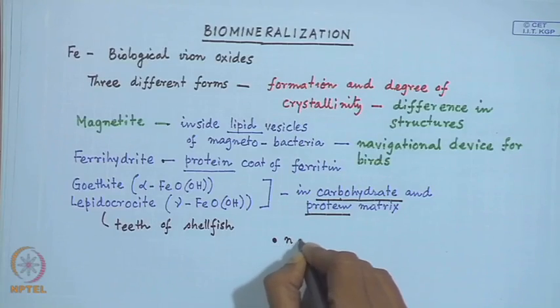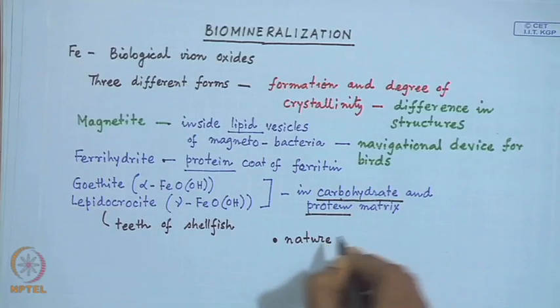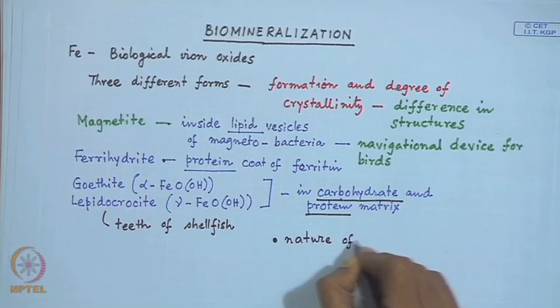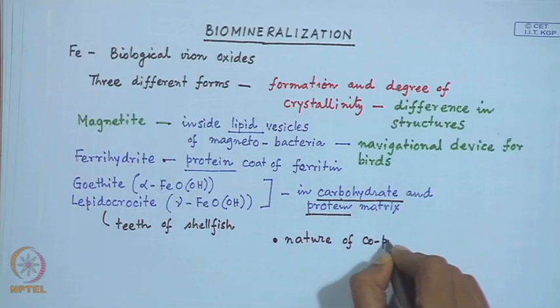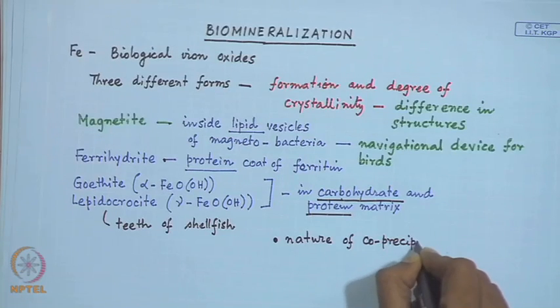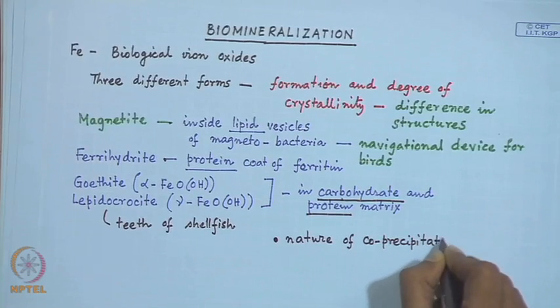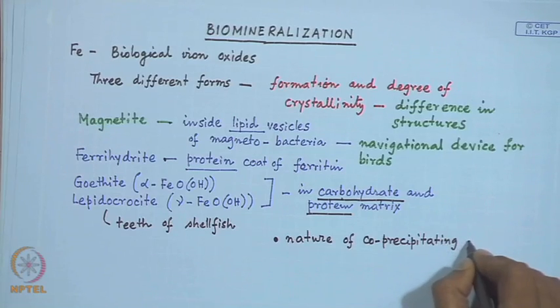If they are purely oxo and hydroxo, with no phosphate or other anion, but the concentration or gradient of these anions can control the structure and morphology of these species. So, the nature of the co-precipitating ions is important.